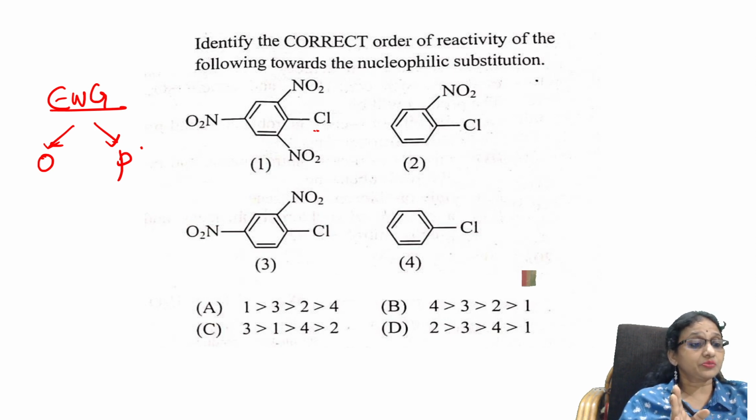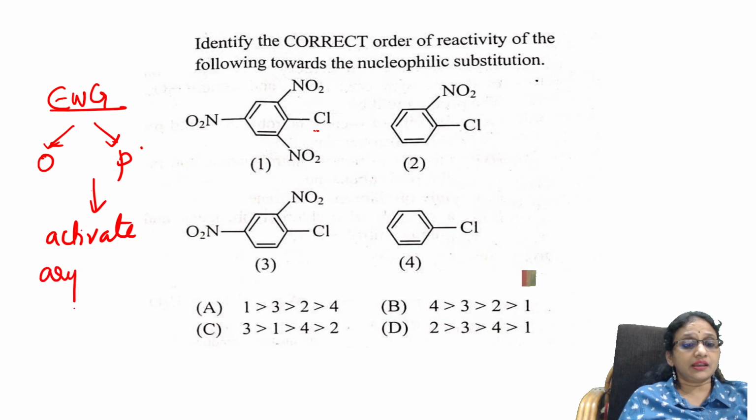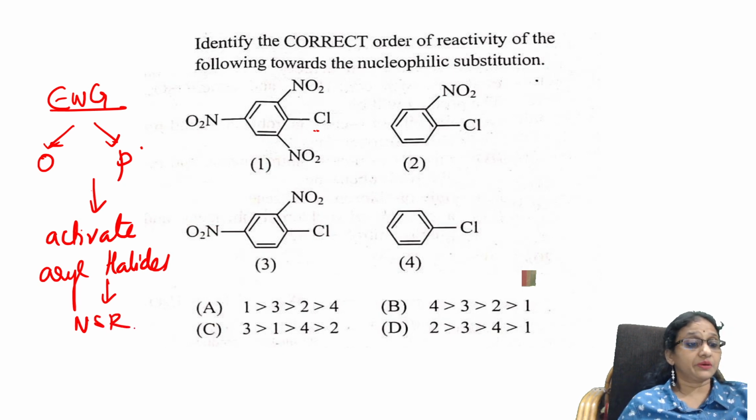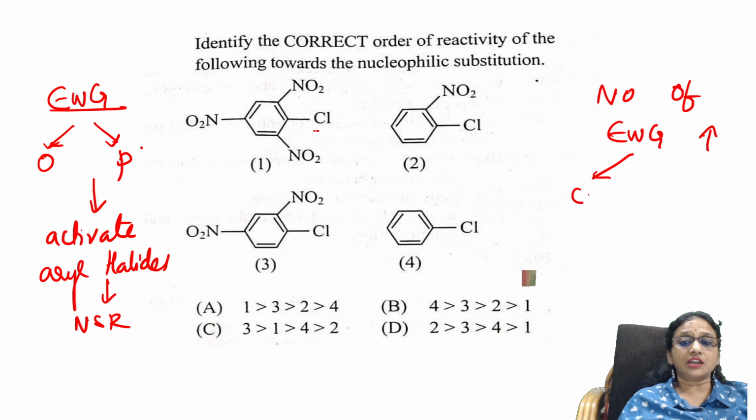But if it is at the ortho and para position, this will activate aryl halides towards SNAr. Remember, as the number of EWG, electron withdrawing groups, increases at the ortho position and para position.